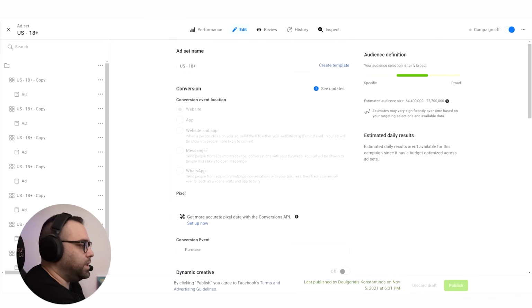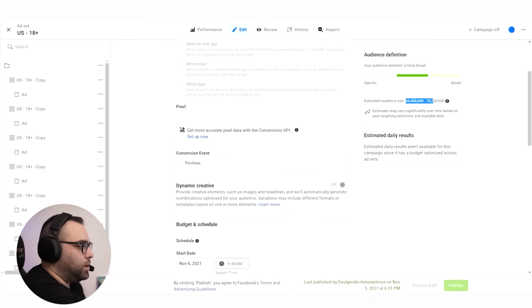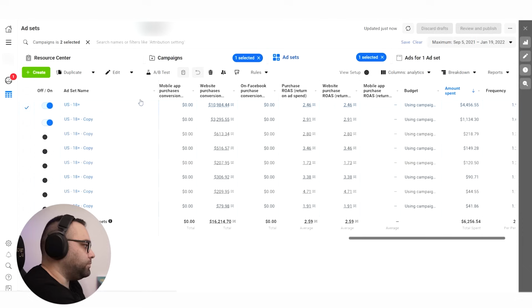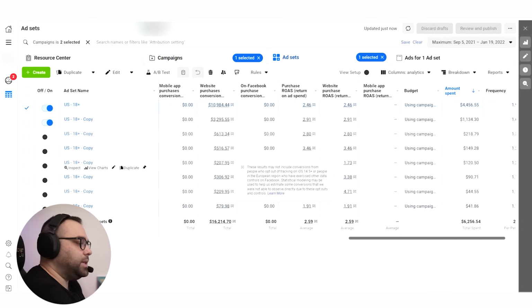And in my opinion, this audience being such big is close to having an open targeting, okay? So you can do exactly the same if you have a very strong pixel with an open targeting campaign this time.